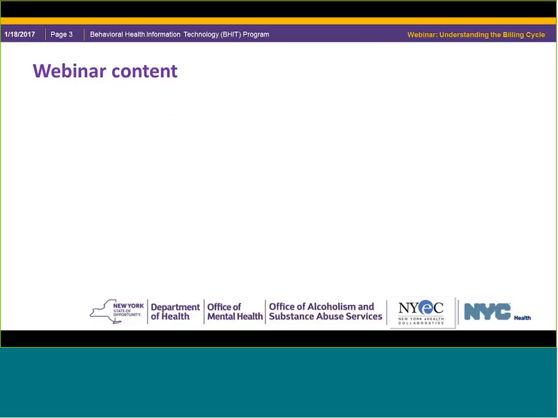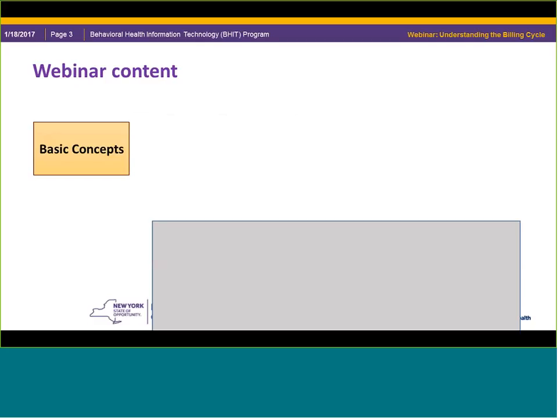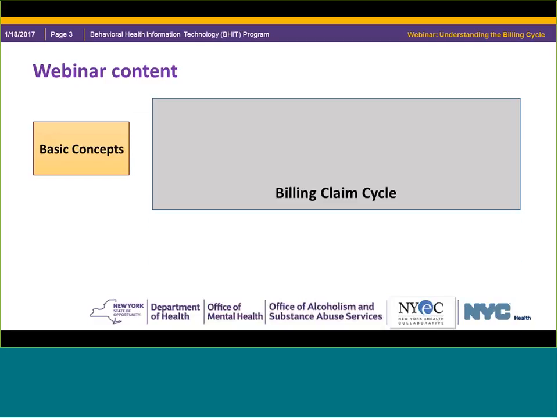Okay, with that, let's start talking about the content. As Mitch was saying, we're going to review some basic concepts and foundation, and then the billing claim cycle, which is composed of three major elements. Number one, how the claims are generated and transmitted to the payer or the clearinghouse.